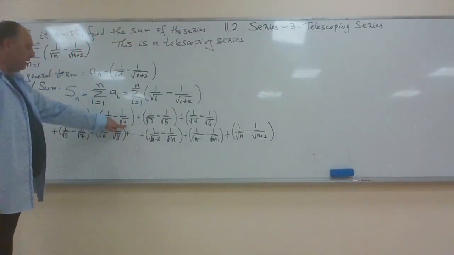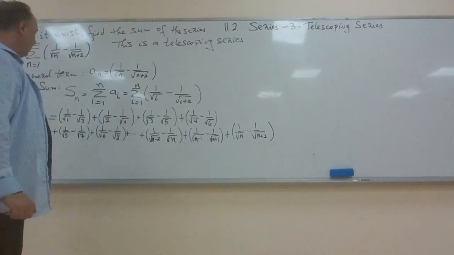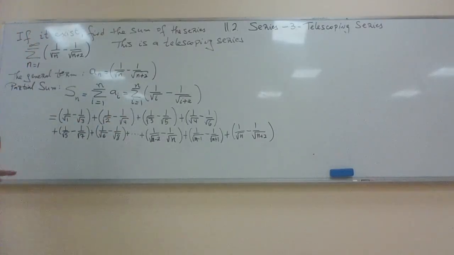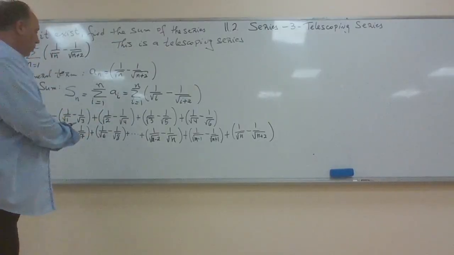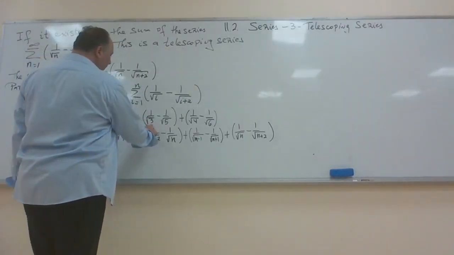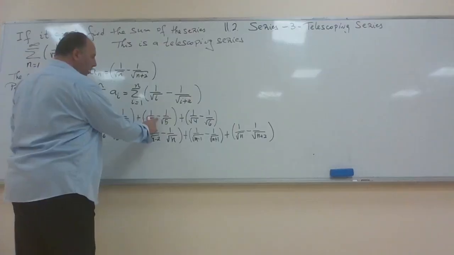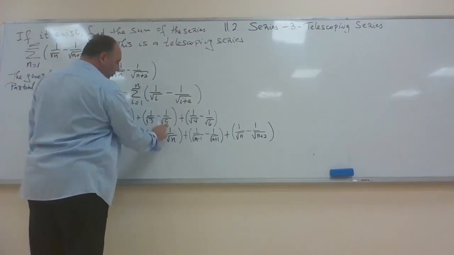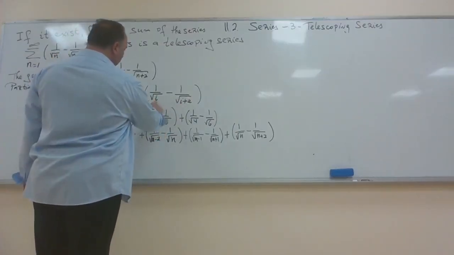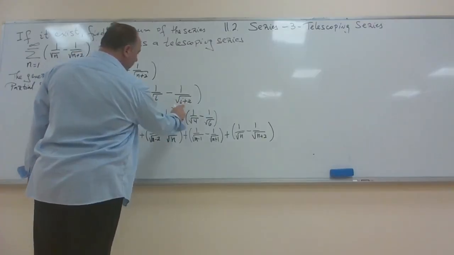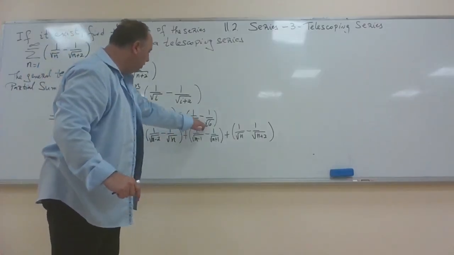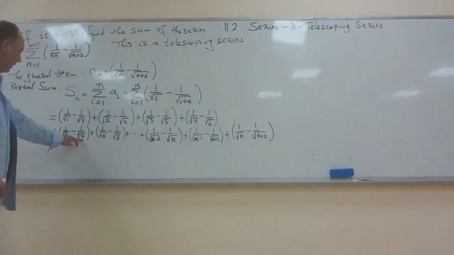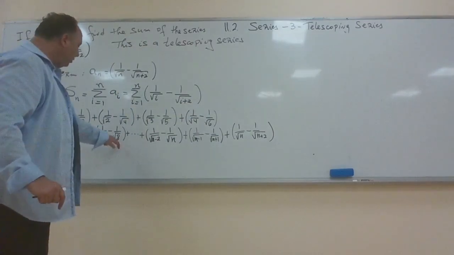Keep it as radical 4 because it will cancel eventually, so you don't need to write 2 here for nothing, just keep the same format. The third piece is 1 over radical 3 minus 1 over radical 3 plus 2, radical 5. So you see the index here, and here is plus 2. So 3, 5. The next one is 4, 6, then 5, 7, 6, 8, etc.